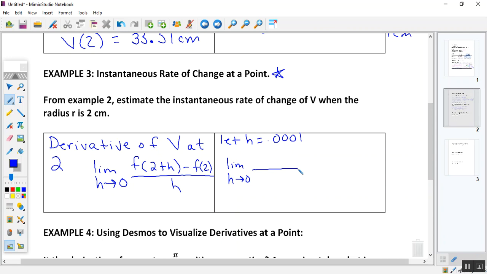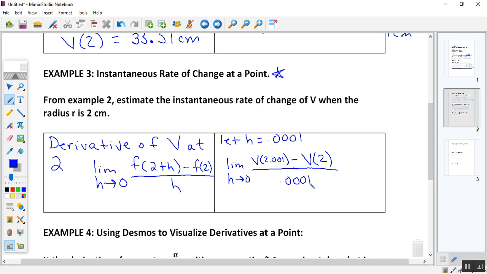Okay, and so I should really put a V up here, the volume of 2.001, minus V of what? 2. All over the h value, which we chose to be what? How many cubic centimeters is basically being added to that balloon when the radius is at exactly 2 centimeters? That's what we're after right now.